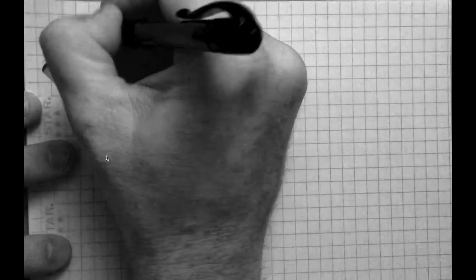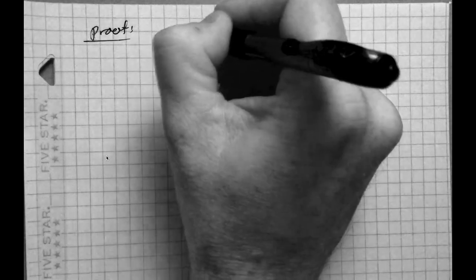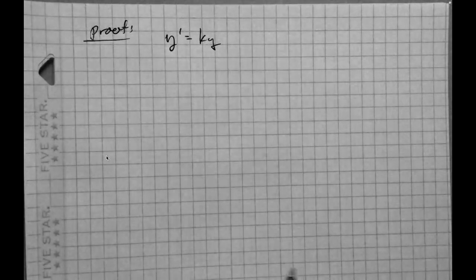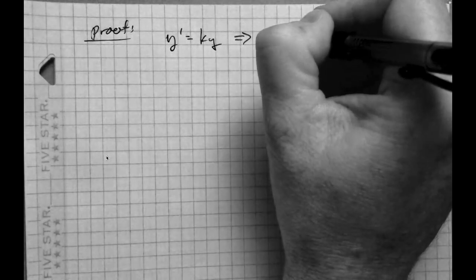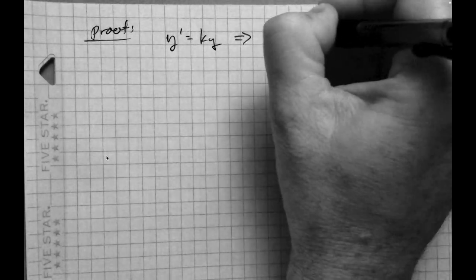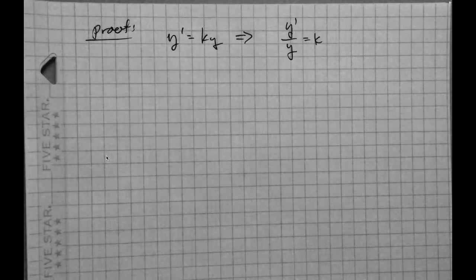So we'll put proof here. If y prime equals ky, then we can separate this out here. We can write y prime over y equals some constant k. So this is the separation of variables piece, isn't it?